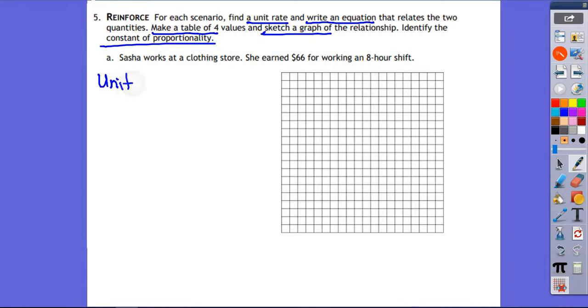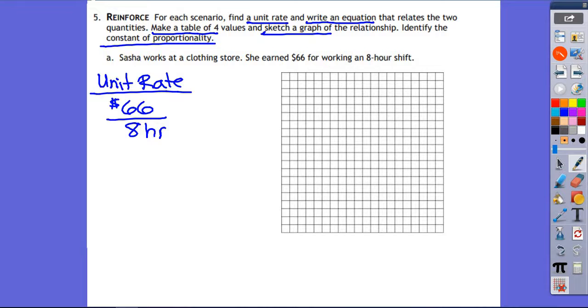So I'm going to first find my unit rate. To find unit rate, we just divide our $66 by our hours. How many hours did she work? 8 hours.